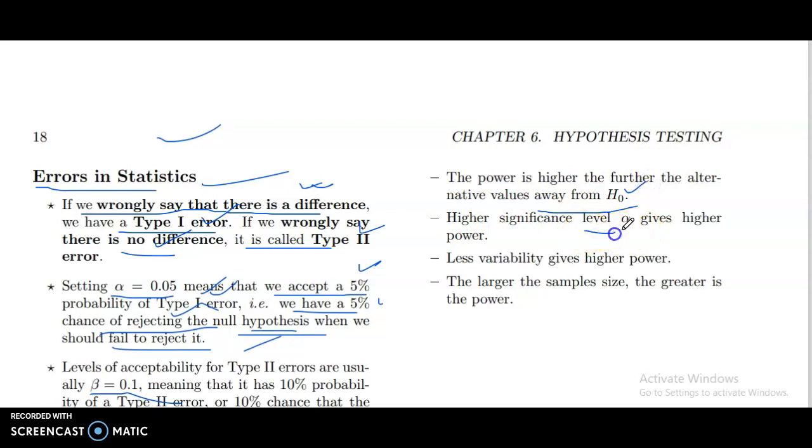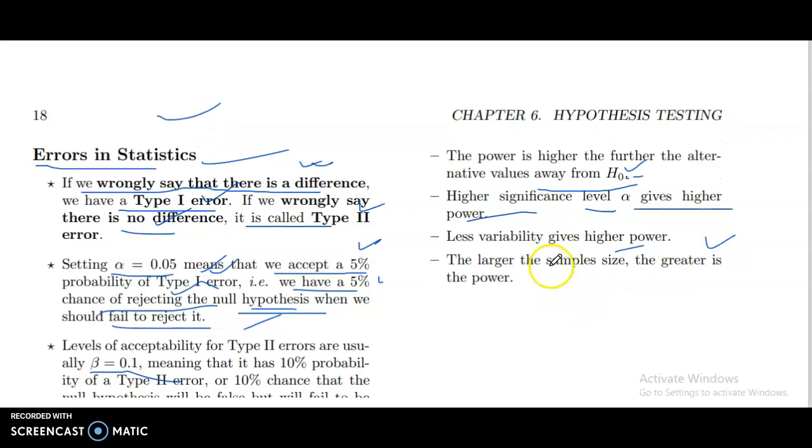A higher significance level alpha gives higher power. Less variability gives higher power. The larger the sample size, the greater the power.